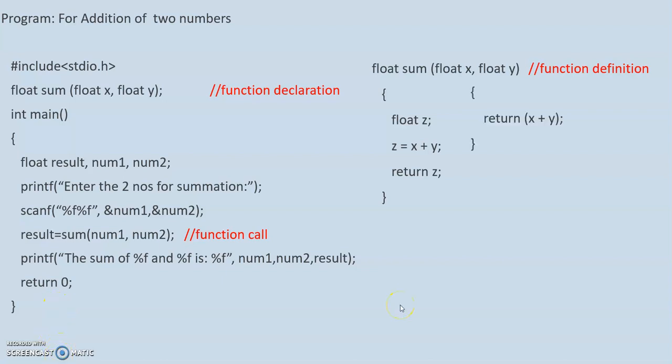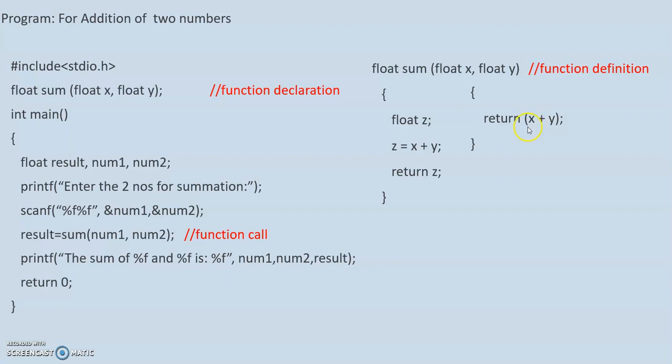The same function definition can also be written as shown here. Just neglect this particular part and consider only float sum, float x, float y, and these two curly braces with return x plus y within. Here we haven't defined float z to store the result.